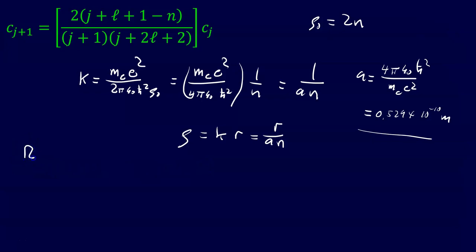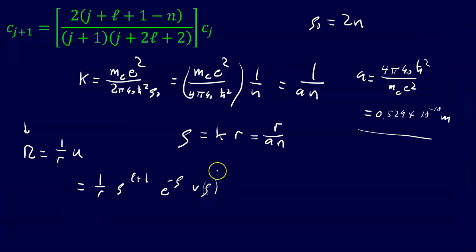Okay, so our goal is to find this r function. The r function will be defined in terms of the u. And if you remember that u function, we had rho to the L plus 1, and then e to the negative rho, and then times our summation of polynomial terms.